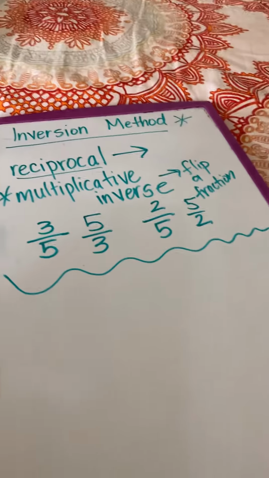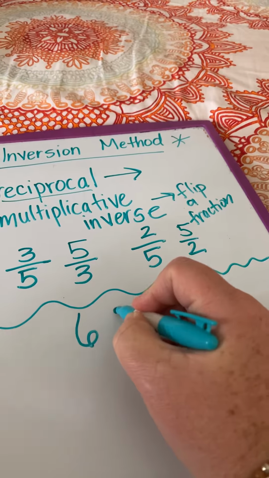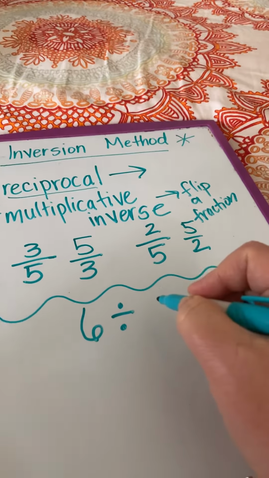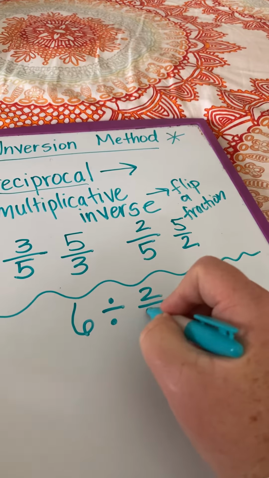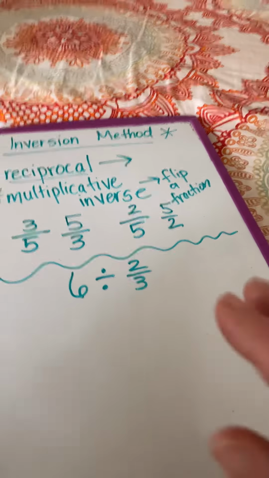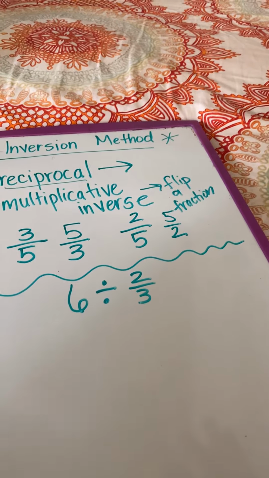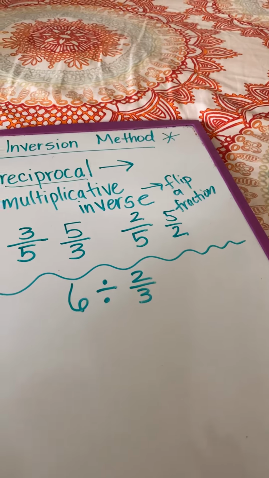So, dividing a whole number by a fraction. Let's just look at it. We have 6 divided by 2/3. So we have a whole number divided by a fraction. Remember I just said fractions are already parts of a whole, so it's already divided. The first thing you're going to do is invert the divisor.